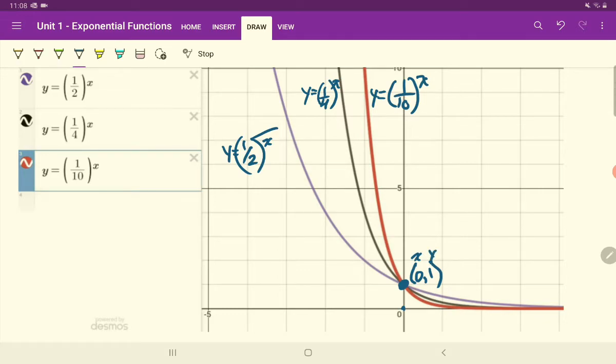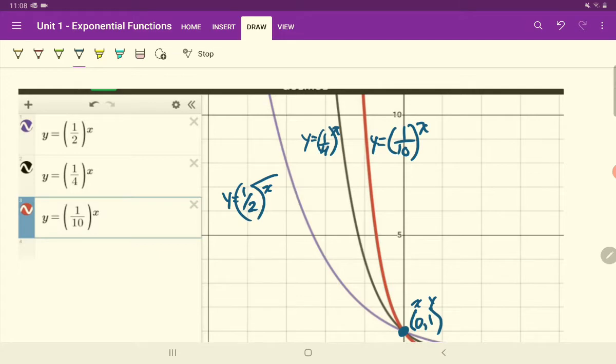Also, we're seeing that the 1/2 to the power of x, which is 0.5 to the power of x, seems to be less steep than the others. Whereas y equals 0.25 to the power of x seems to be getting more steep, and y equals 1/10 to the power of x, or y equals 0.1 to the power of x, seems to be the steepest of the three.